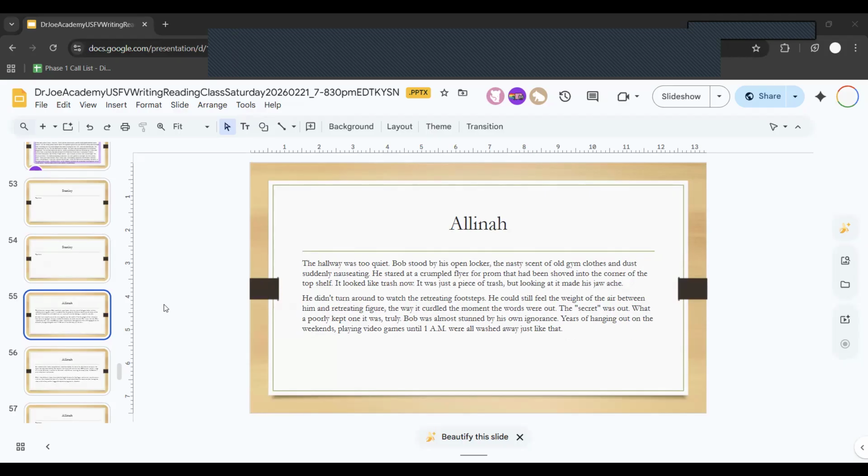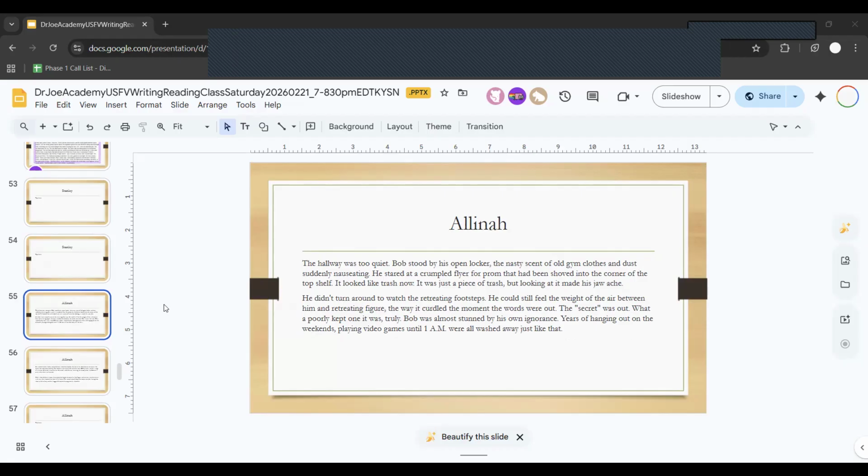The hallway was too quiet. Bob stood by his open locker, the nasty scent of old gym clothes and dust suddenly nauseating. He stared at a crumpled flyer for prom that had been shoved into the corner of the top shelf. It looked like trash now. It was just a piece of trash, but looking at it made his jaw ache.